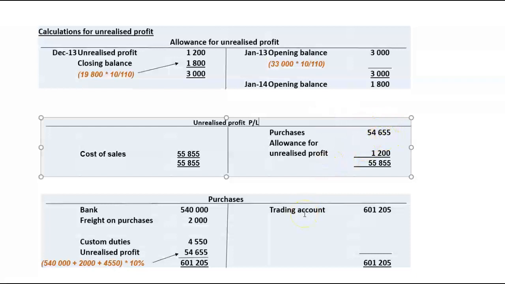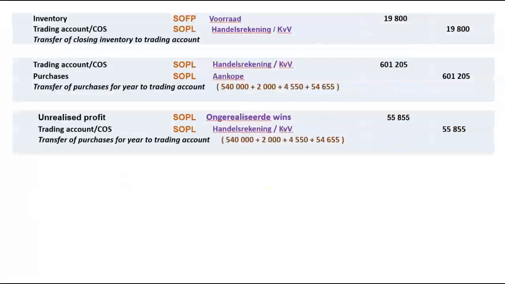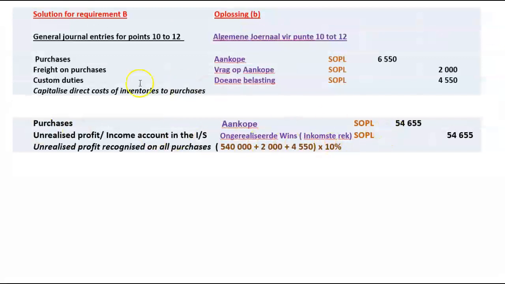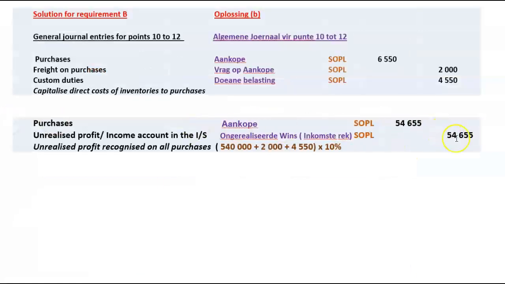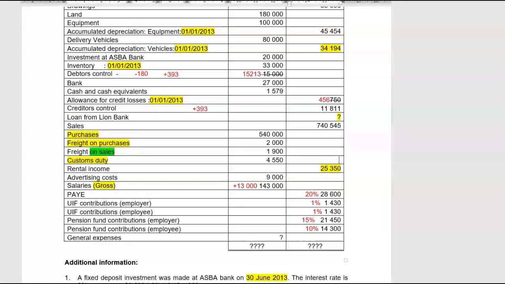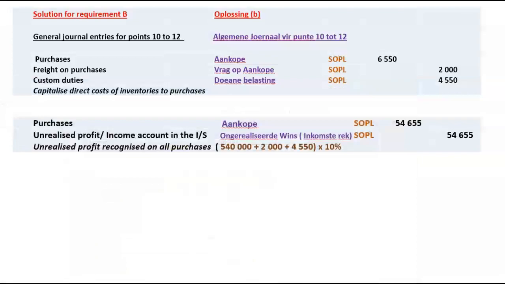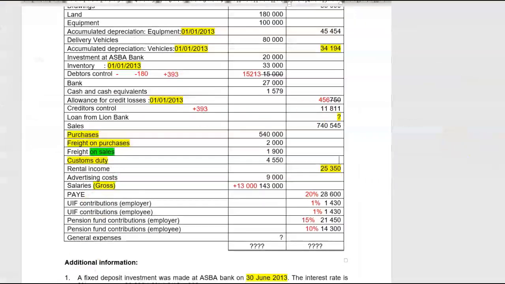So you can put that entry through your books separately. Let's see if I've done it somewhere. Yeah. Going to debit purchases, 54,655. Going to credit unrealized profit P&L, 54,655. Great.